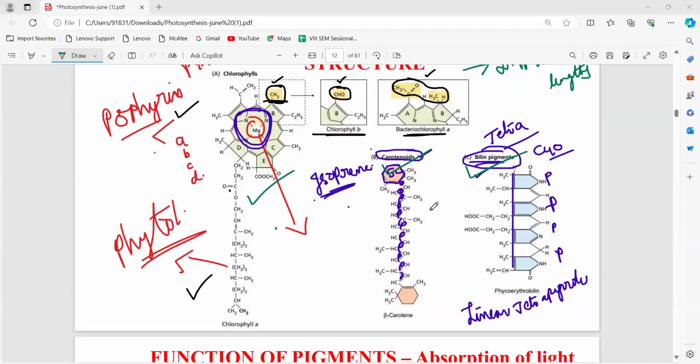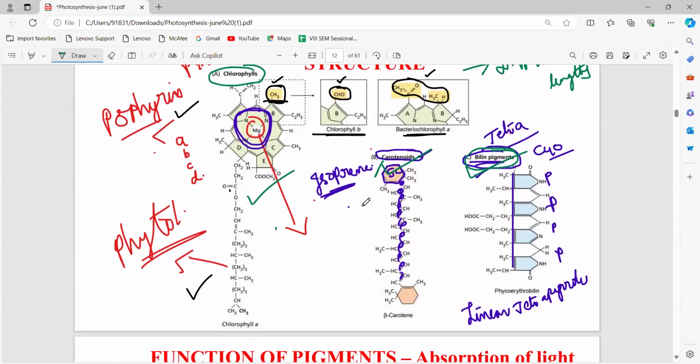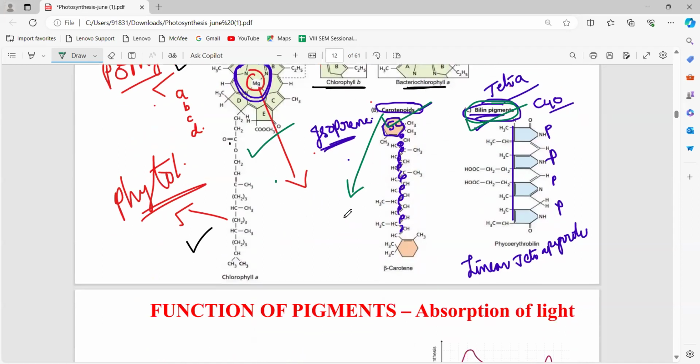Not only that, a very important point: compared to the chlorophyll and the bilin pigments, carotenoids are the ones which protect the plant from the excessive sun, or in simple words, they protect the plant from photooxidative damage.